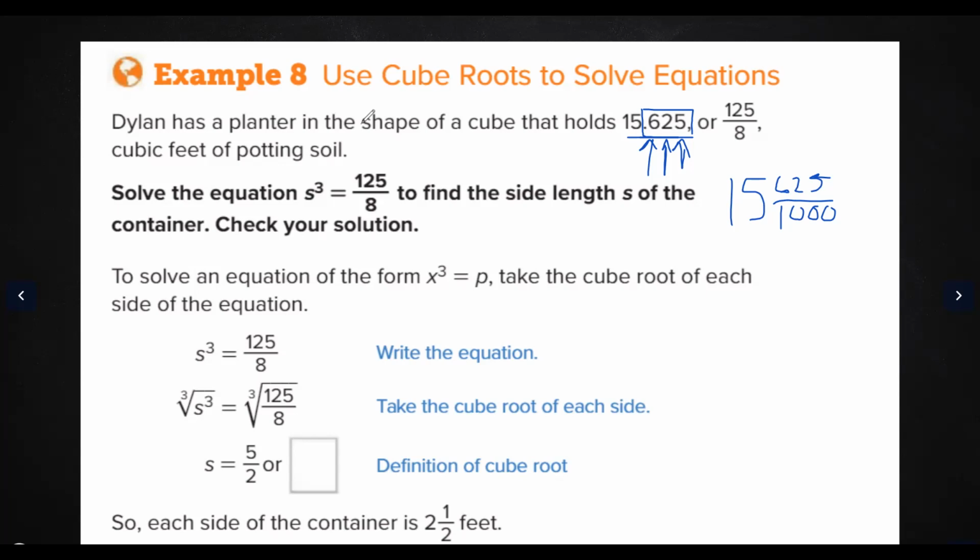If we divide it by 125, if we divide 625 by 125, we get 5.